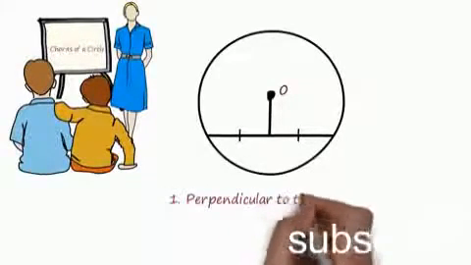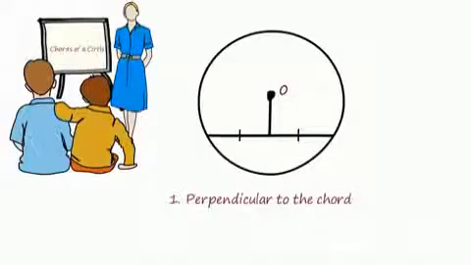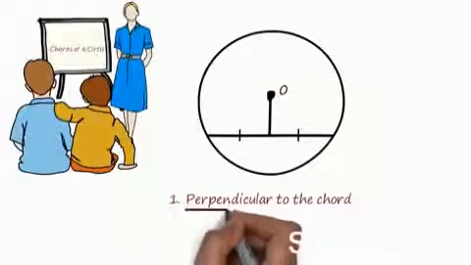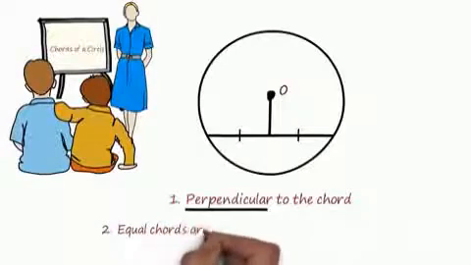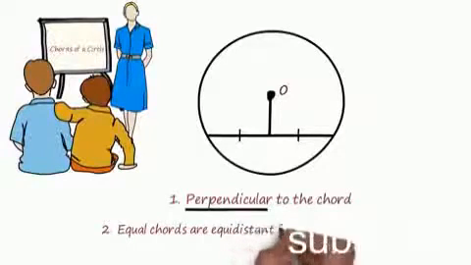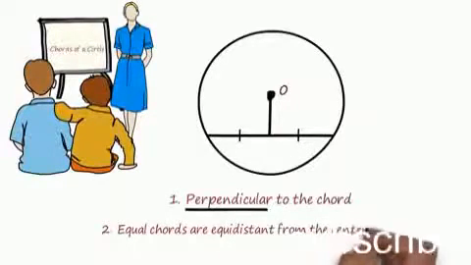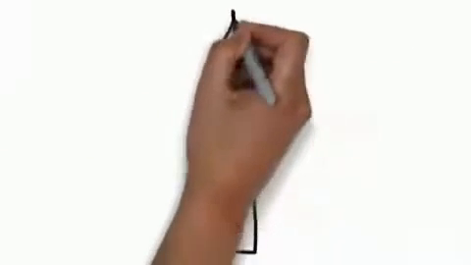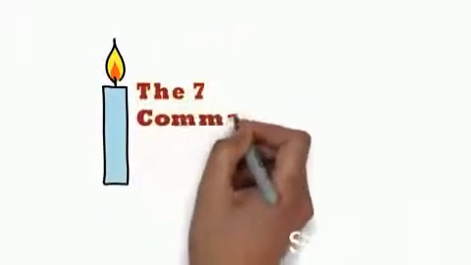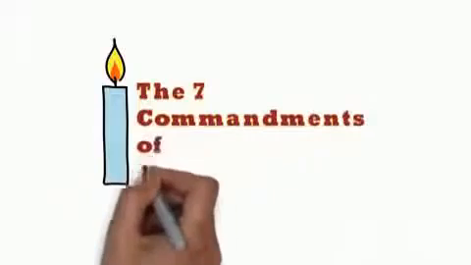Those two strokes mean that those two lines are equal. When you're doing psychogeometry, please make sure of that, it's very important. Now, that line is perpendicular to the chord. Can you see the chord? The line from the center is perpendicular to the chord. Right? Equal chords are equidistant from the center. Now, this is the language. Perpendicular, equidistant. Be familiar with the language before you get to the commandments of psychogeometry.